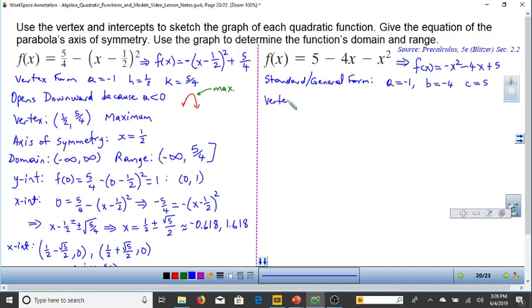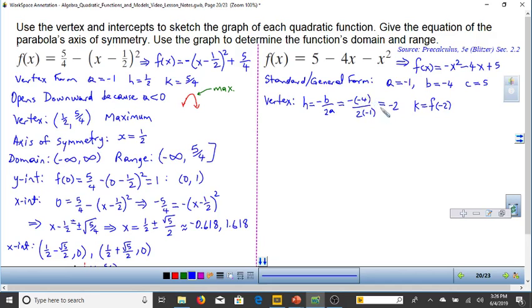To find the vertex, we need to find h, and h is negative b divided by 2a. In this case, negative of negative 4 divided by 2 times negative 1. So that gives us negative 2. Then we find k by plugging that value of h into the function.